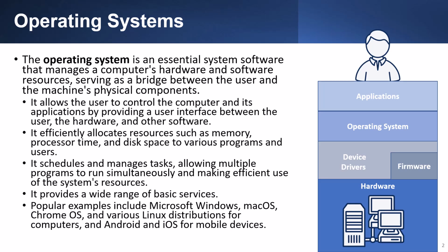It schedules and manages tasks, allowing multiple programs to run simultaneously and make efficient use of the system resources. It also provides a wide range of basic services. Popular examples include Microsoft Windows, macOS, Chrome OS, and various Linux distributions for computers, and Android and iOS for mobile devices.